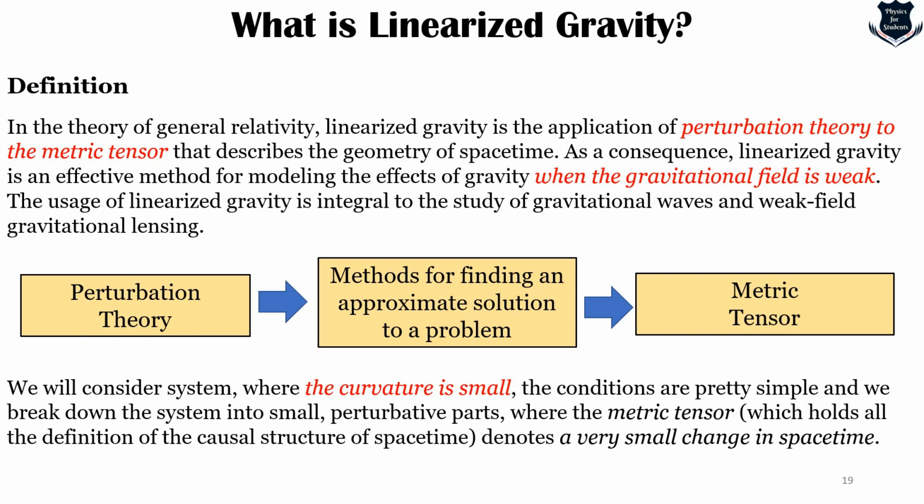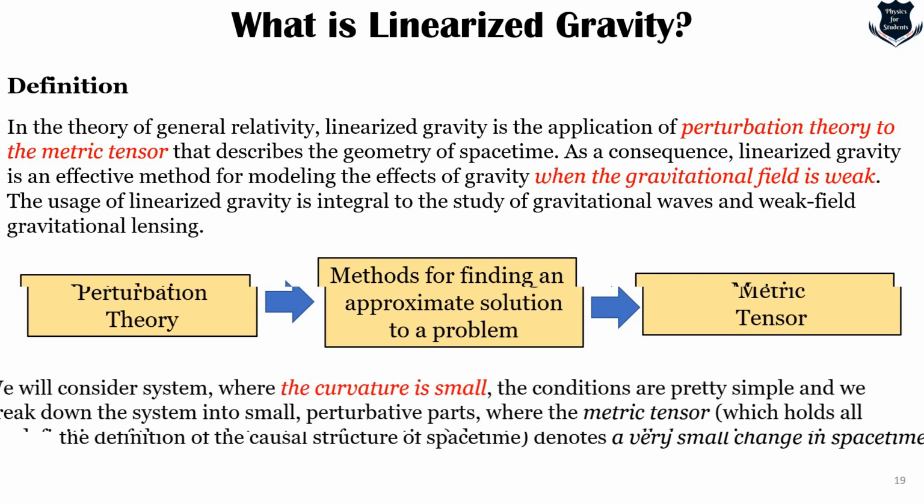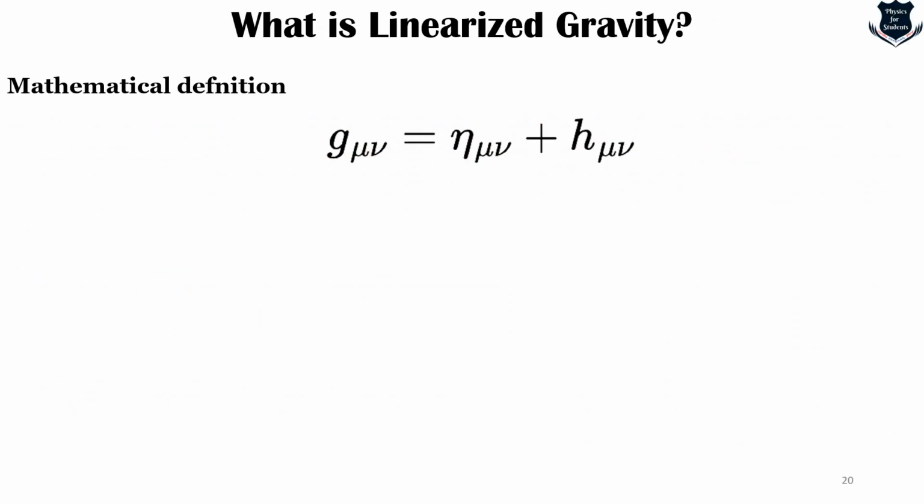It breaks down into small perturbative parts, where the metric tensor, which is the central part of measuring the curvature of space-time, denotes a very, very small change in space-time. So we will use linearized gravity in order to understand what actually things are, so that it breaks down and becomes easier. Okay, that is basically a literal definition of linearized gravity.